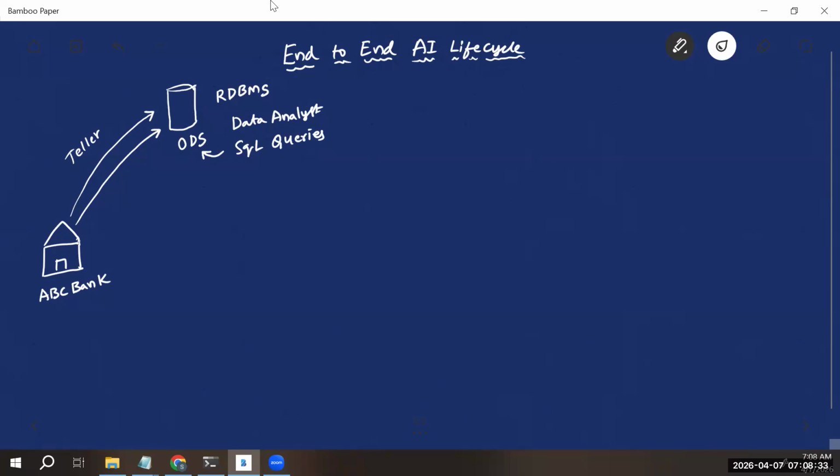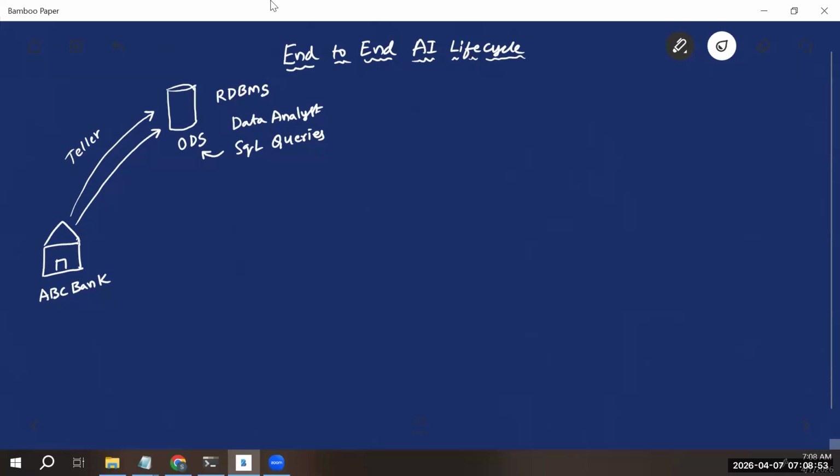The SQL queries will basically query the tables. They can create daily reports, weekly reports, and those reports can be scheduled so that every day they run, and there is a report which is sent to the executives.